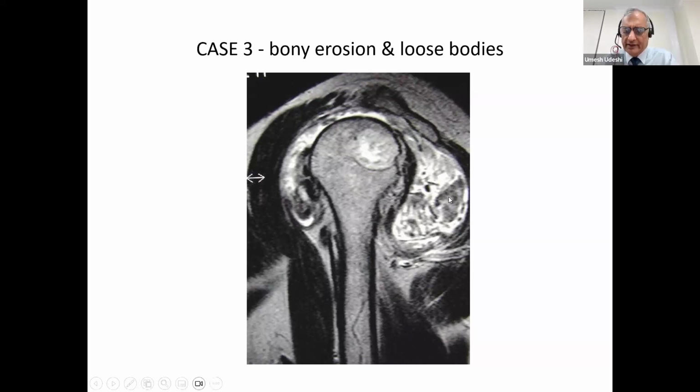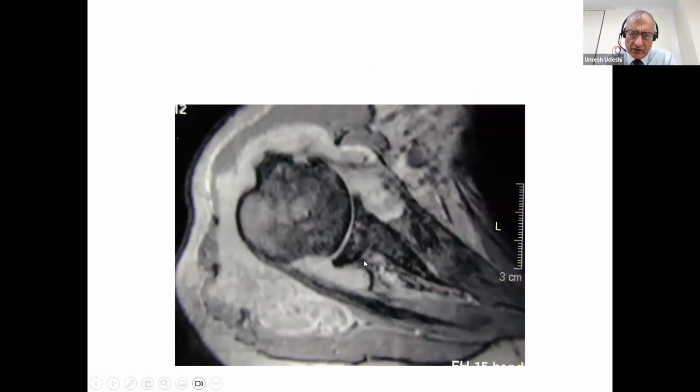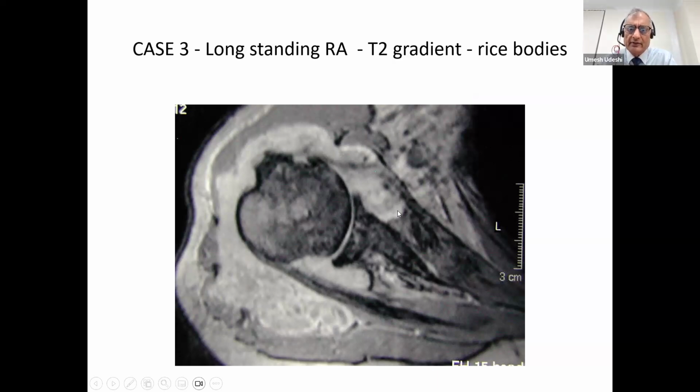So they're called rice bodies. They used to be more common than now, when with rheumatoid arthritis we didn't have as good treatment as we do now. Here's a bony erosion. There's rice bodies in the joint, and there's erosive changes here at the back of the bony glenoid. Here's all that synovitis in the joint. So this is chronic rheumatoid arthritis.